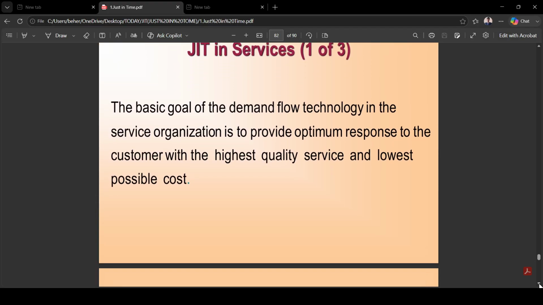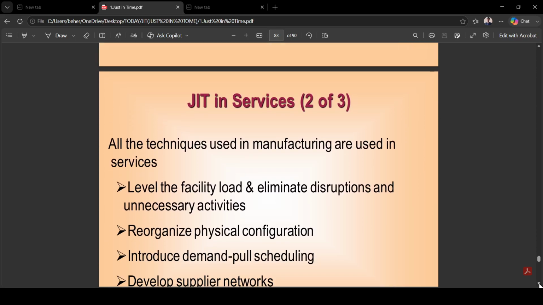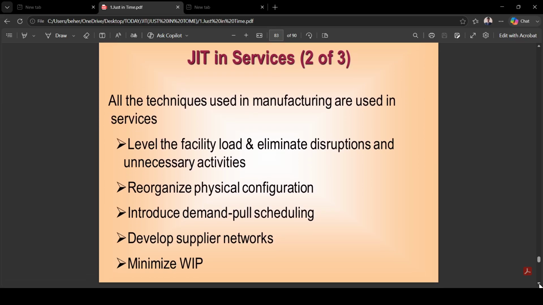The basic goal of demand flow technology in a service organization is to provide optimum response to the customer with the highest quality service and lowest possible cost. All the techniques used in manufacturing are used in services. Level the facility load and eliminate disruption and unnecessary activity.